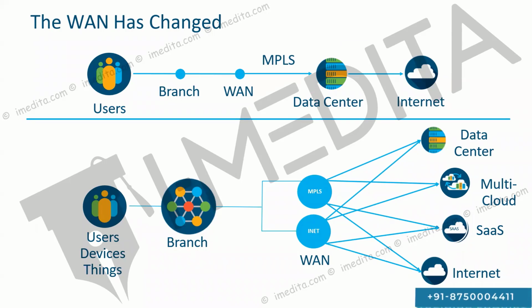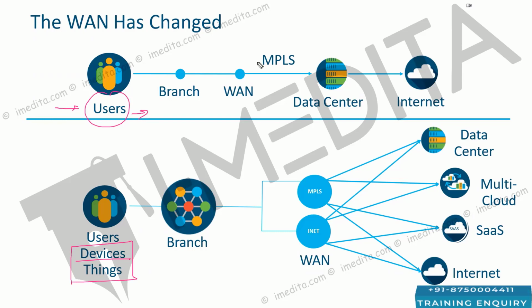But since the technology evolved, humans are not the only users of the network. Apart from humans, we also have devices and things that require internet access, or that require access to the services running in the data center.